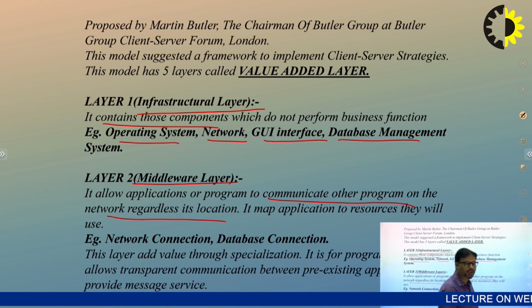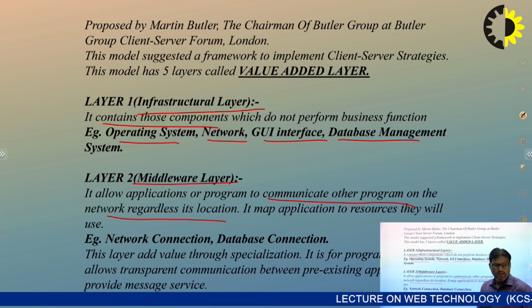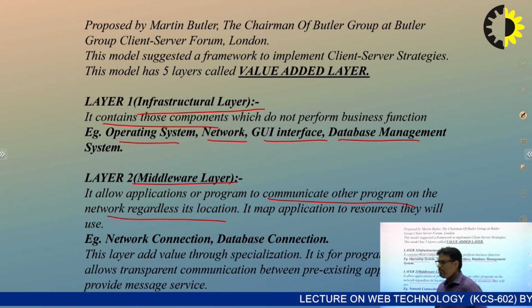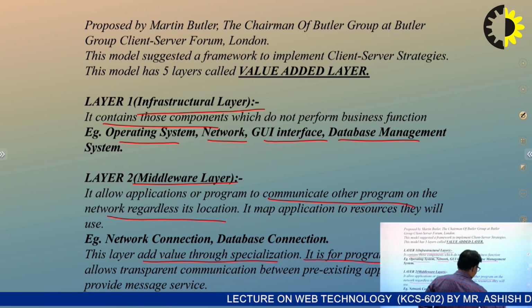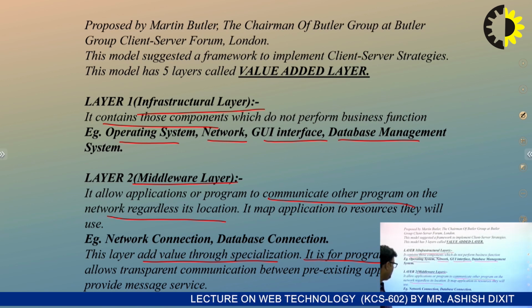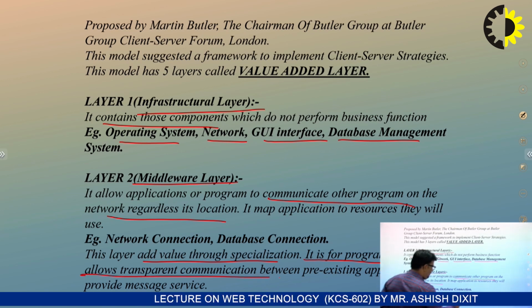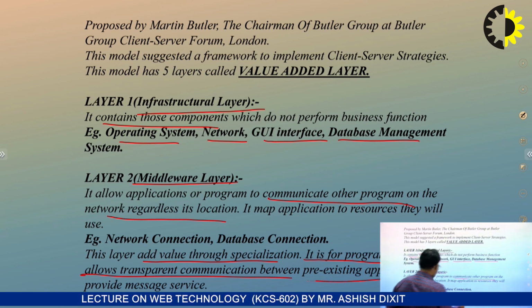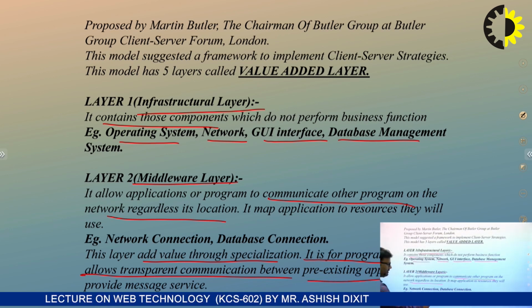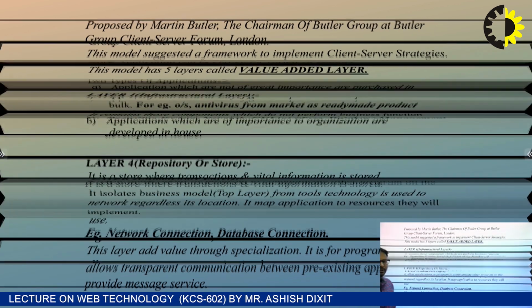It maps applications to the resources they will use, such as network connections and database connections. This layer adds value through specialization. It is used for programming that allows transparent communication between pre-existing applications. It provides messaging services.